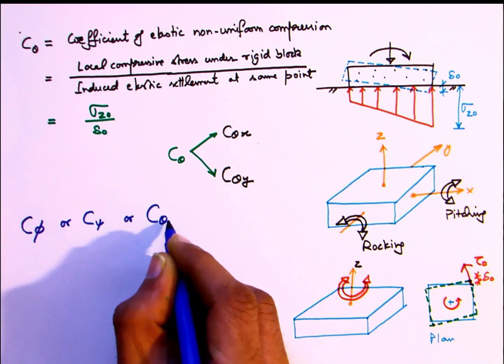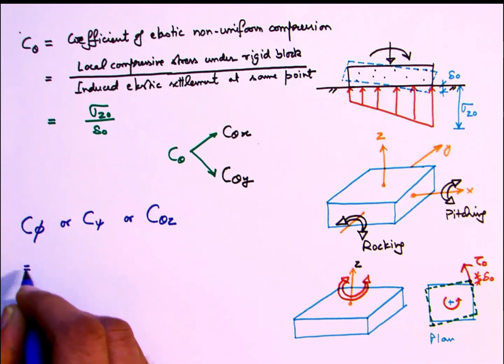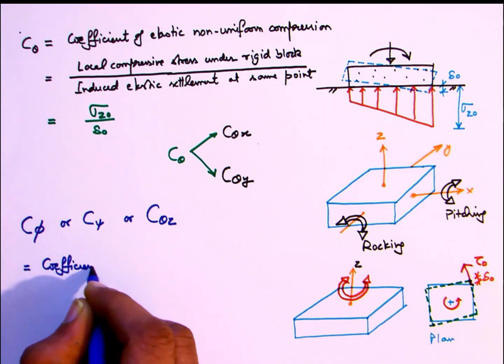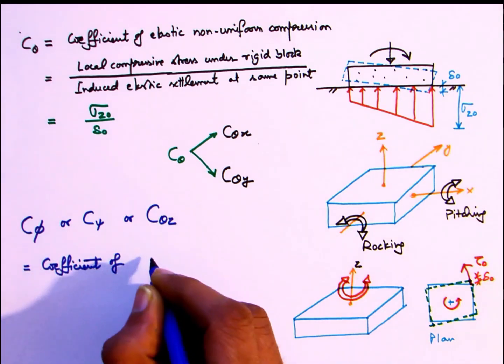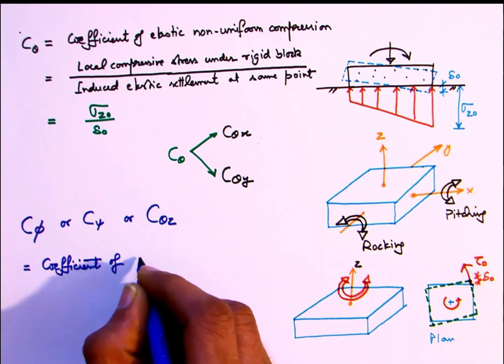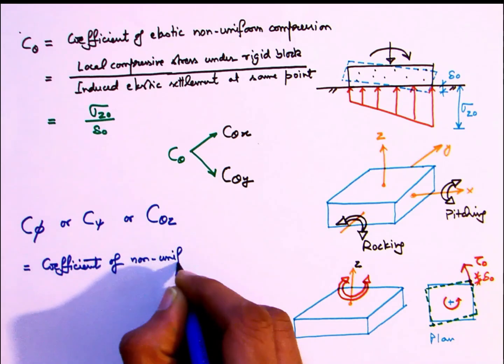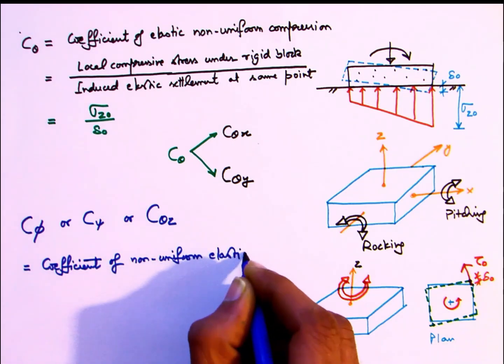So we define this elastic constant as the coefficient of elastic non-uniform shear, and we use the symbols either C phi or C psi or C theta z. Different books use different nomenclature, but they all essentially mean the same.